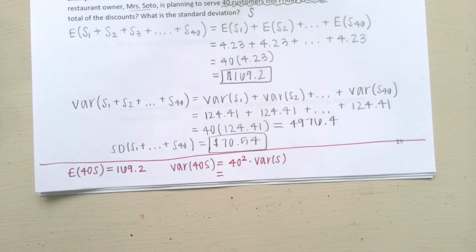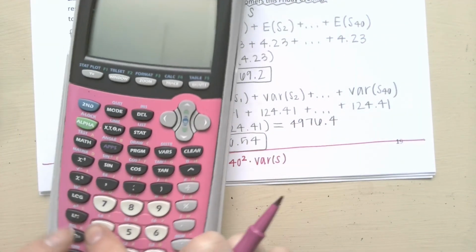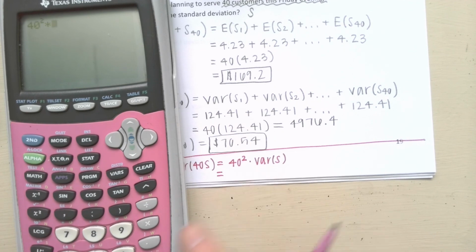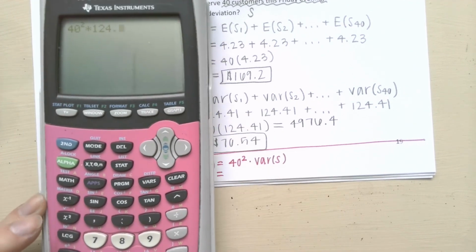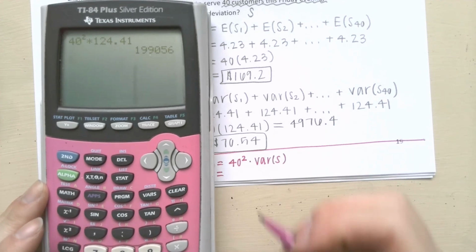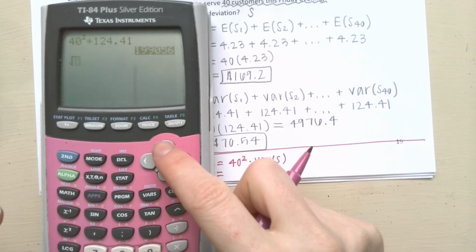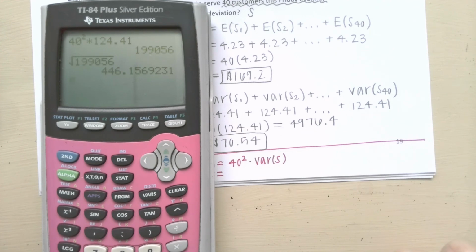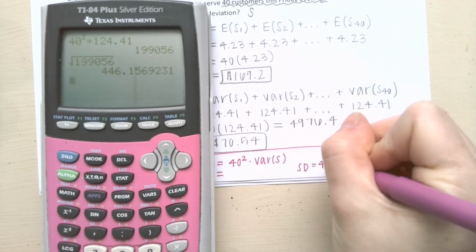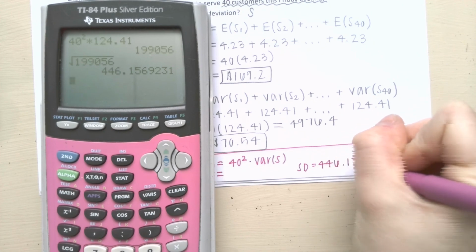So I would be doing here 40 squared times my old variance, which was the 124.41, which is a huge number. And then I'd be square rooting that to get the standard deviation. So I would have a standard deviation of 446.17.